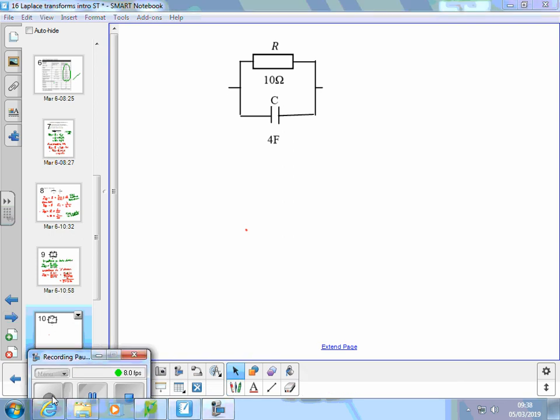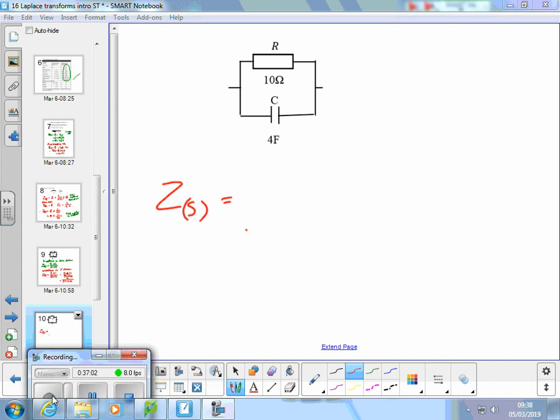I will consider an R and C in parallel. Let's go straight for the impedance in the S domain. For the resistor, it's just R, and it's times 1 over CS divided by R plus 1 over CS.